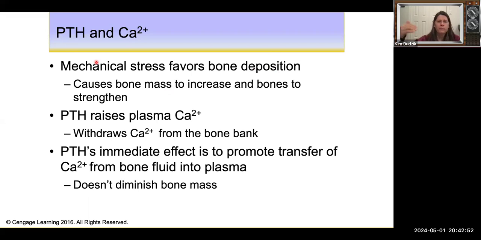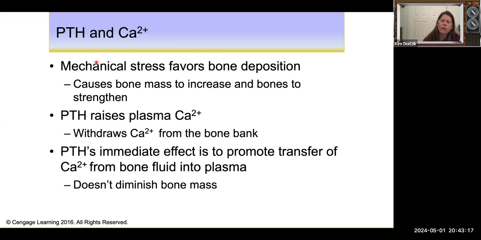When bone resorption outpaces bone formation, that's a condition called osteopenia. If osteopenia is allowed to continue for a long time, eventually your bones become very porous, because the bone is just going away, and they become very weak. That's osteoporosis.